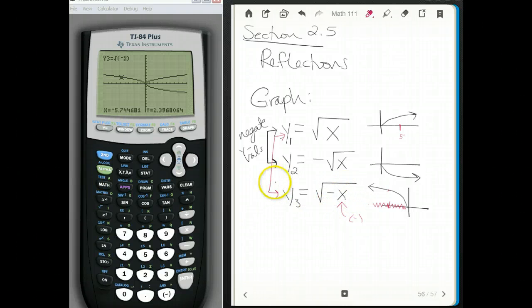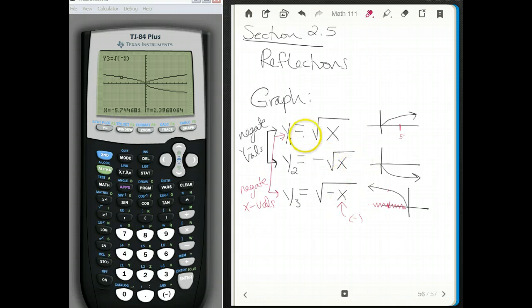And so what's happened between y1 and y3 is that we have negated the x values, right? This negating the x values thing is a little bit more difficult to understand, but it results in what you can kind of see from geometry here, or from the graphs, is that from y1 to y3, this square root graph like this has now reflected across the y-axis, right? It's sort of, everything's been flipped over to this other side.